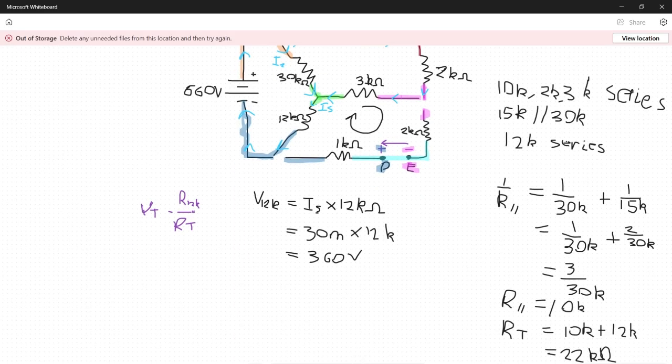So, how am I going to do this? I'm going to say I1 is equal to IS times R parallel, now remember this is not RT, this is R parallel, over the series branch. So that's going to be R15. Okay.